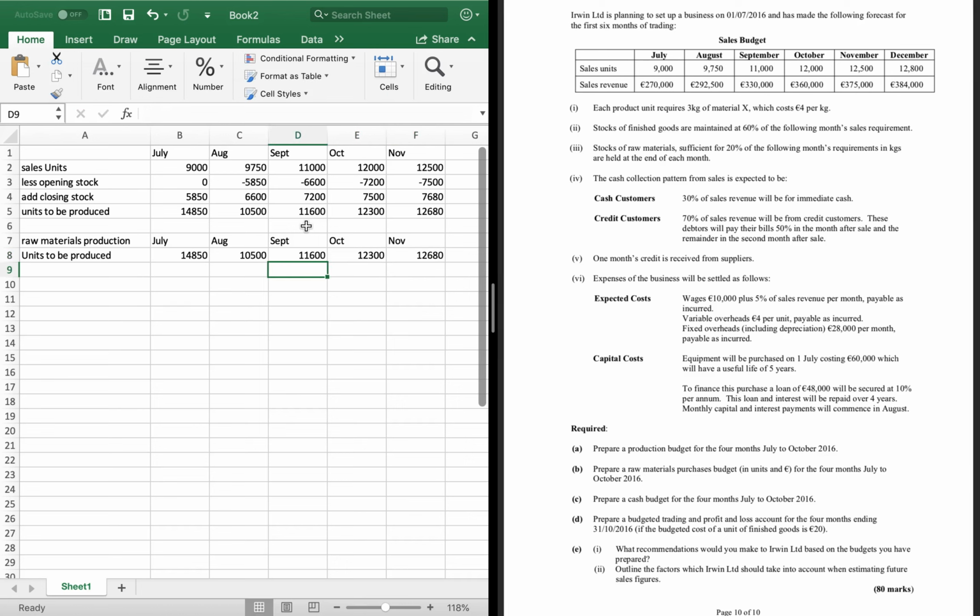Now, if we're working out how much materials we need, we need to see how many materials go into the products. Now it's only ever one material. In the production budgets you have your two materials, in these ones you've only one, so it says each product requires 3 kilos of material X. So materials per unit will be 3.